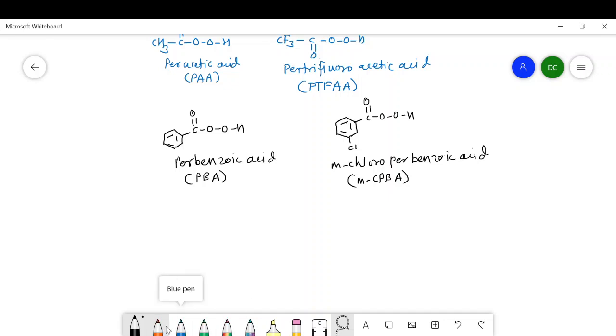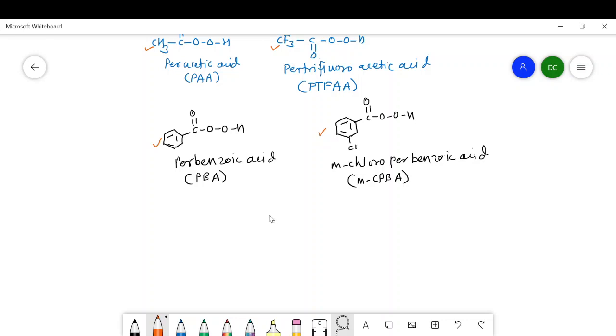Baeyer-Villiger oxidation process. Out of these four compounds, two are alkyl substituted and two are aryl substituted, and the rate of Baeyer-Villiger oxidation depends upon the group attached to the per acid. Here there is a CH3, here a phenyl group, here a trifluoro group, and here a meta-chlorophenyl ring.